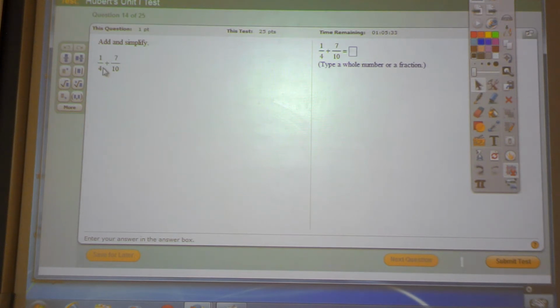Common denominator, this will be a 40, let's see, 20 is your common denominator. Phew, getting sleepy.